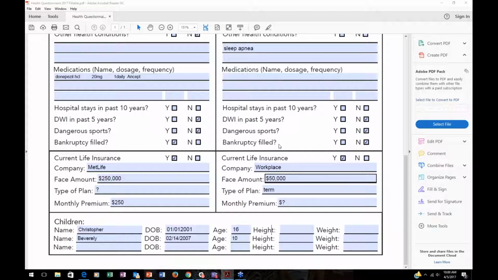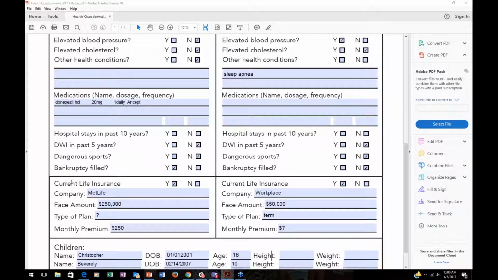Also, a good question came in from David when we're asking about insurance. What if they have more than one policy? What if they have it with more than one carrier? That's very important, David. Yes, if they do have more than one policy, add it to the notes, perhaps a side paper.